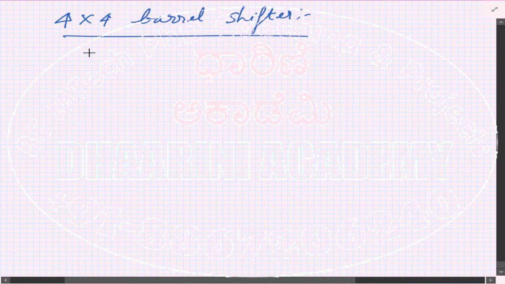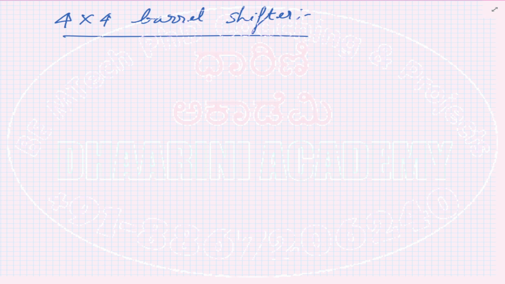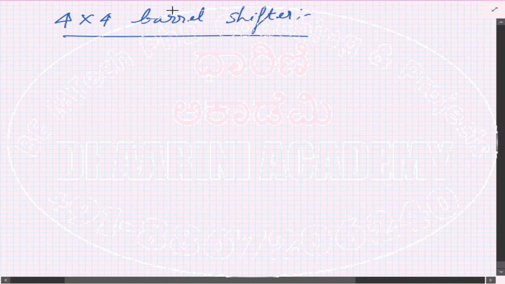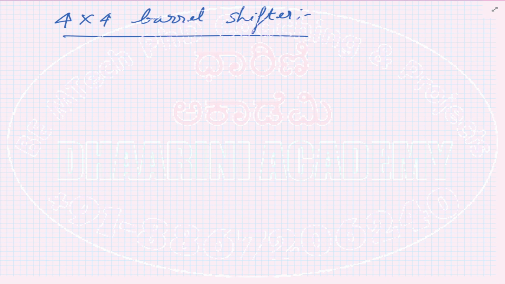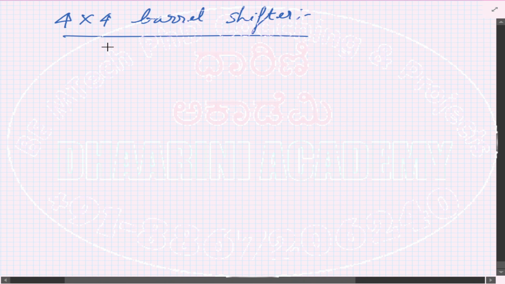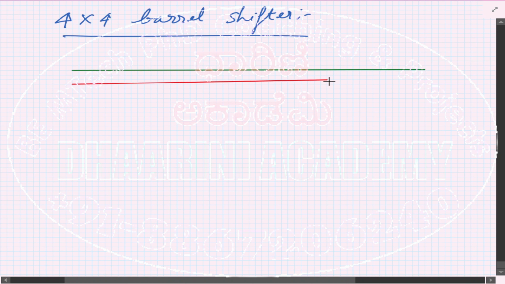Let me draw in various colors so that we trace input and output separately. Input lines I'm going to draw using, say, green color. The circuit is pretty complicated. It's just a 4 into 4 circuit, but the connections are pretty complicated. So I just want to make sure that we don't mess up with the lines that we draw. For that reason I'm using colors to distinguish. The green color is input and the red color is output for me.